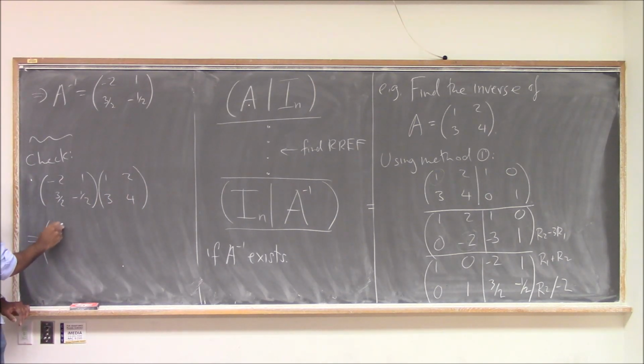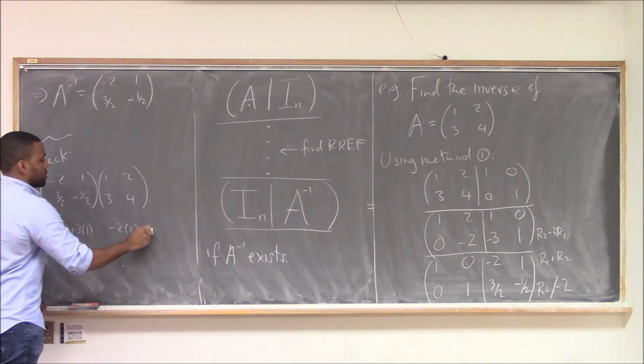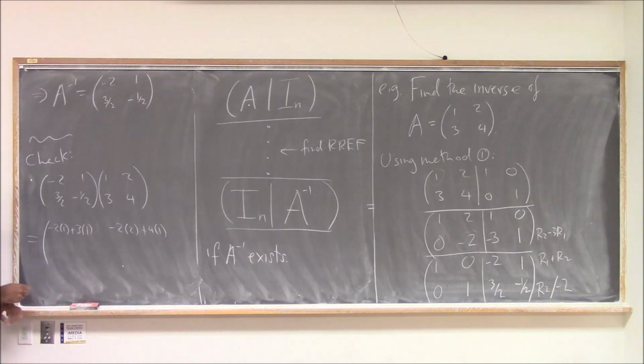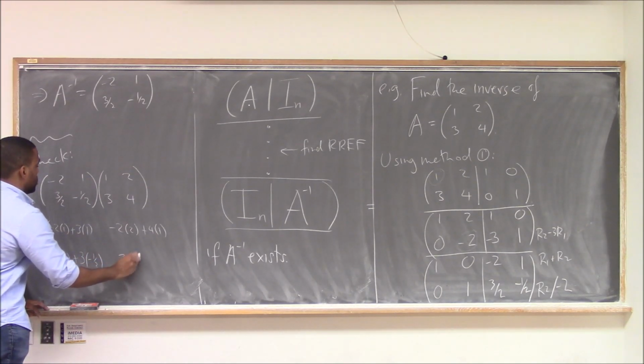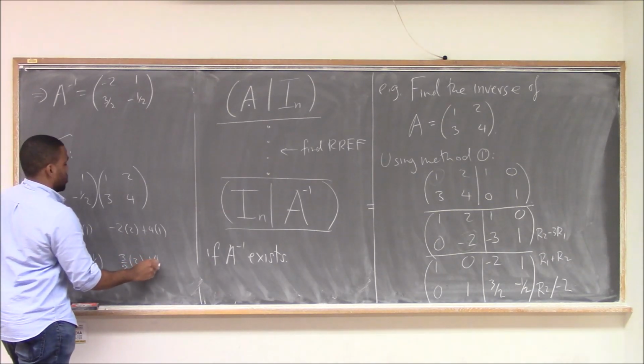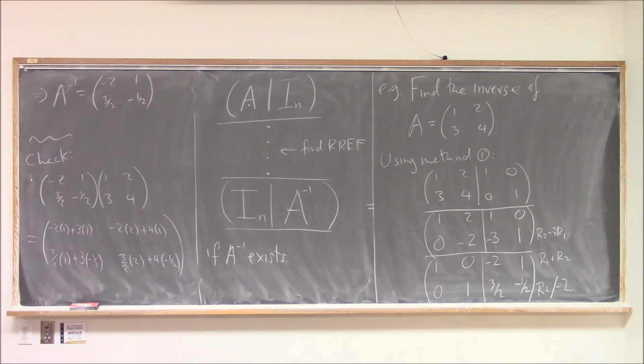I would get minus 2 times 1 plus 3 times 1, minus 2 times 2 plus 4 times 1, 3 over 2 times 1 plus 3 times minus 1/2, and 3 over 2 times 2 plus 4 times minus 1/2.